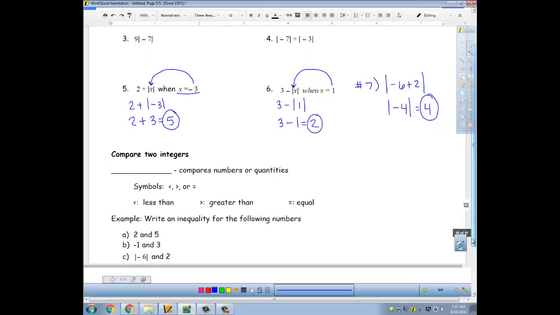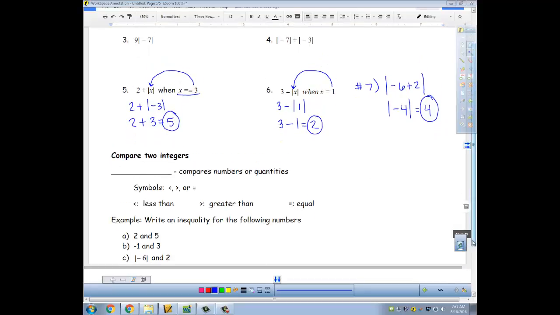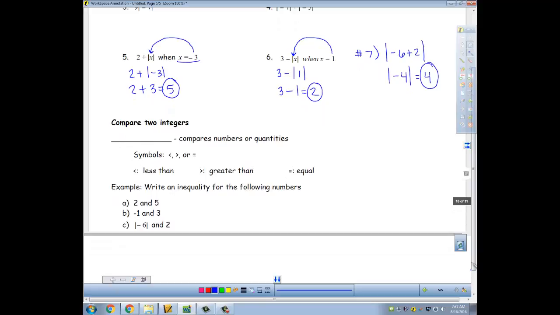Okay, now getting down to the bottom. We are comparing two integers. When we compare integers, we're going to use what's called an inequality, which we'll talk more about later this year. But an inequality is just a symbol that compares numbers. So we have less than, which looks like this, greater than, and equal to.